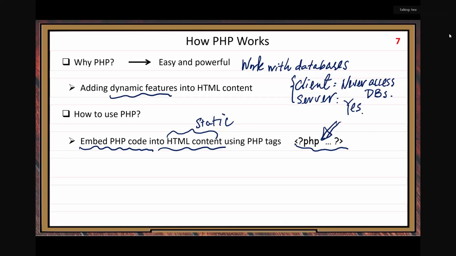Client side, JavaScript. Then at the server side, you also need to do dynamic content. All right, so at the server side, you use PHP tags. You can embed PHP code anywhere in your web pages using PHP tags. Pretty straightforward.